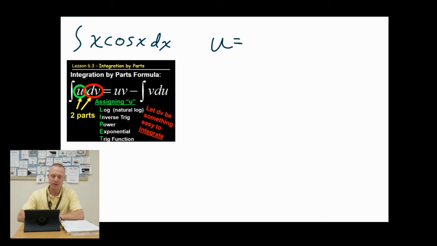Okay, is there a log? No. Is there an inverse trig? No. Is there a power function? Yes, it's x again. dv ends up being the rest of the problem, cosine times dx.